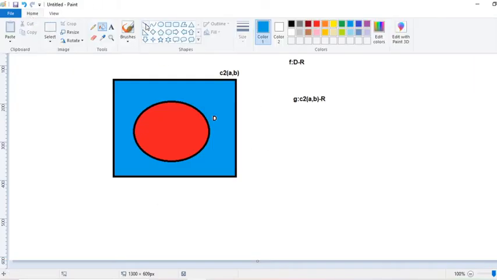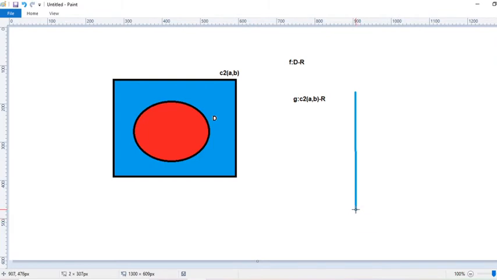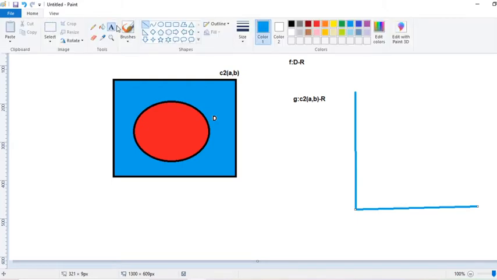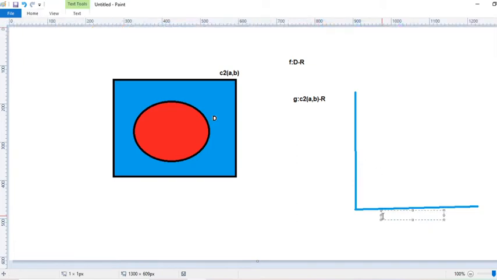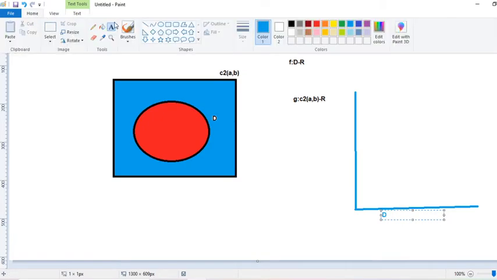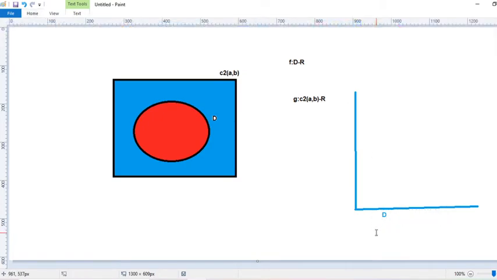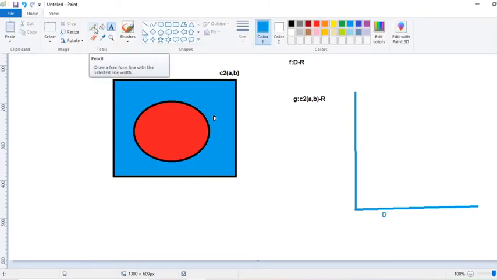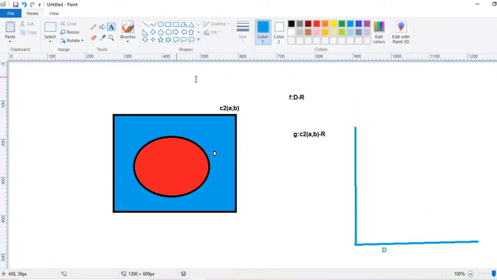Do you know what the characteristic function is? Let this be the y-axis and let this be the x-axis, and let us take a set D. Let us consider this is the region of D.